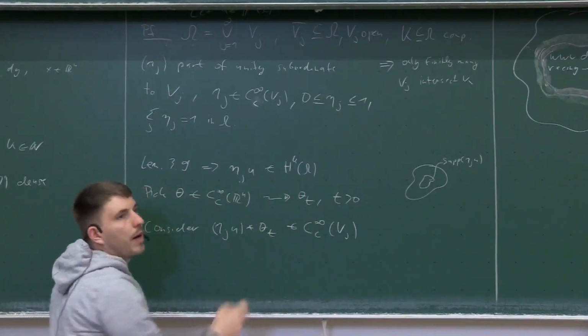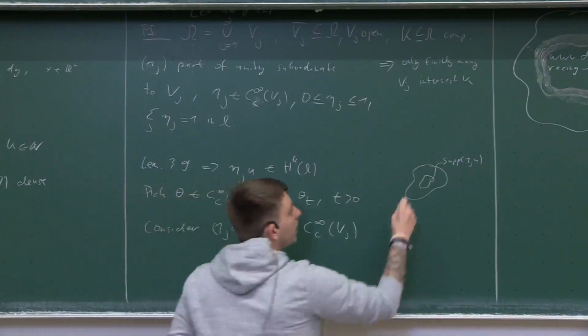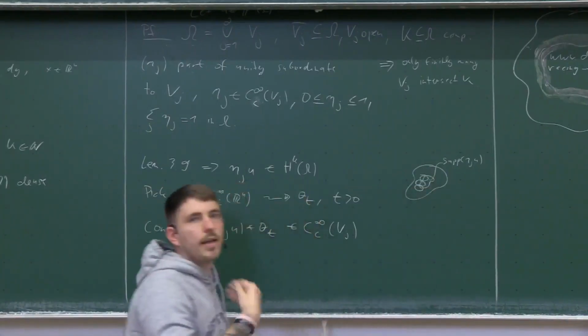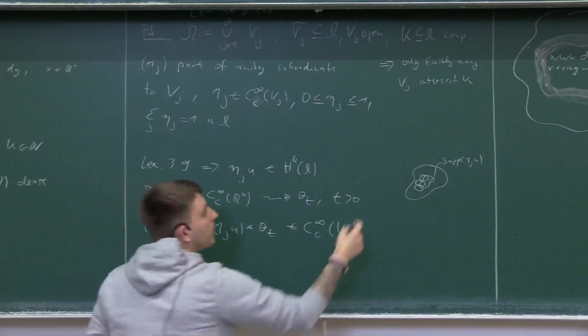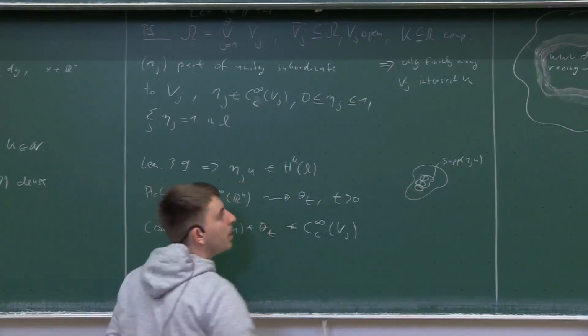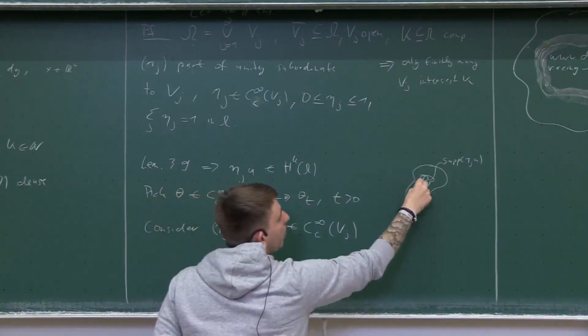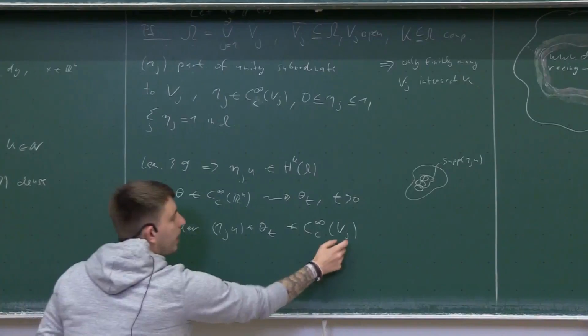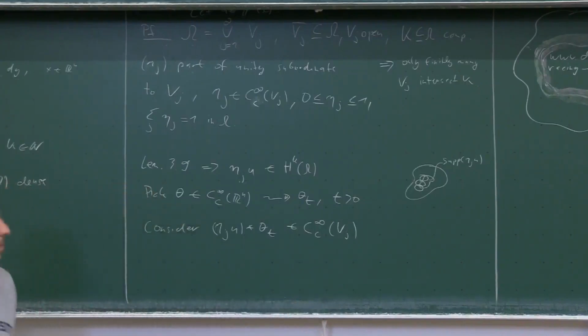So if I make theta t small enough, I maybe get an extension of the support like this. And if I make this extension of the support so small that it's less than the distance between this old support and the boundary of my set Vj, I will still have my support within Vj.